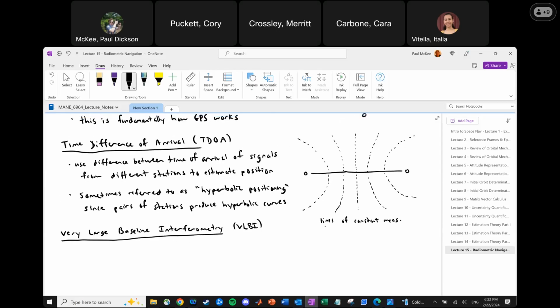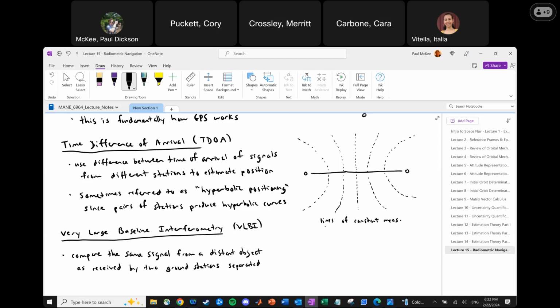So we compare the same signal from a distant object as received by two or more ground stations, separated by a very large baseline.